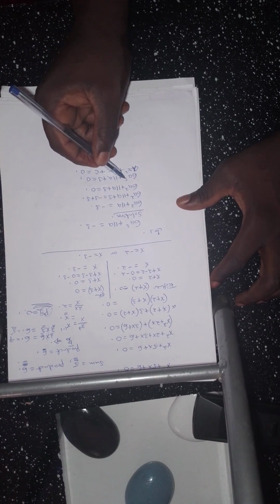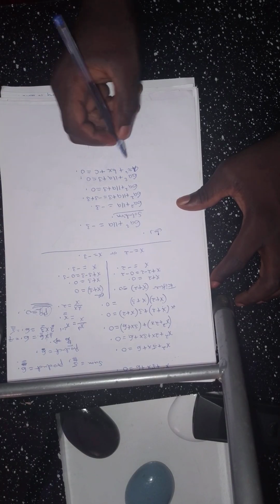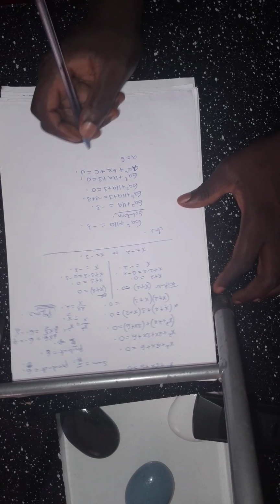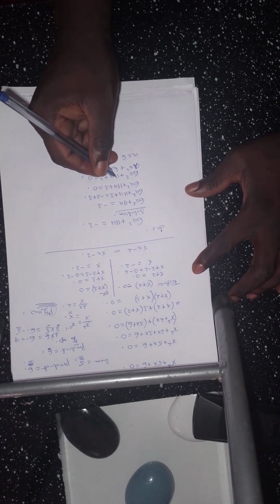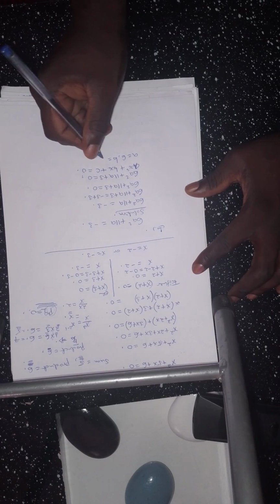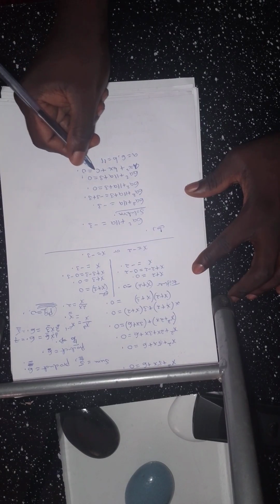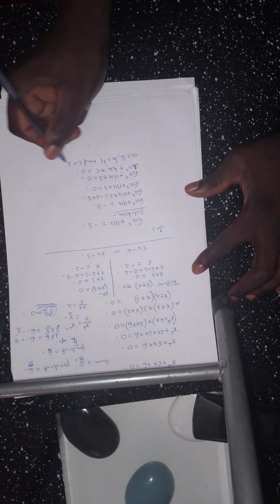This is a square, this is a square. This is a, this is 6, so our a is 6. This is x, this is a. This is b, this is 11, so our b is 11. This is c, this is a positive 3, so c is positive 3.